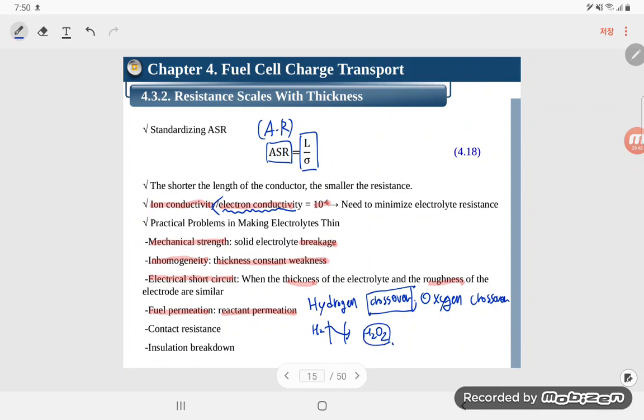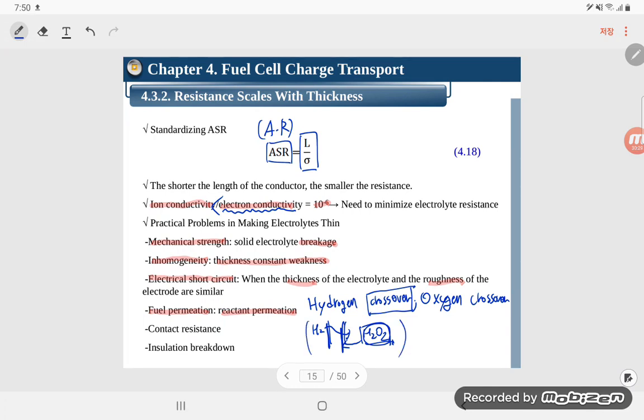This chemical species is highly detectable, so it degrades the membrane surface or the electrode, which means the dissolution of the Pt catalyst or the electrode surface, or the Nafion ionomer network in here. So this hydrogen crossover or oxygen crossover is a very critical issue for assuring the durability of the fuel cell.